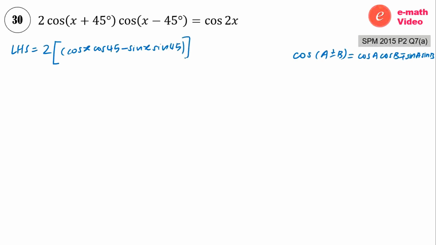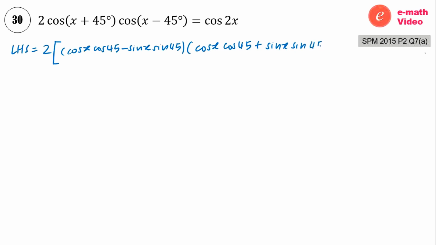Then, maybe for this one I need some space here, times this thing, times cos x cos 45 plus sine x sine 45. We'll quickly get rid of the unknown. We know that cos 45 degree is square root 2 over 2, right?